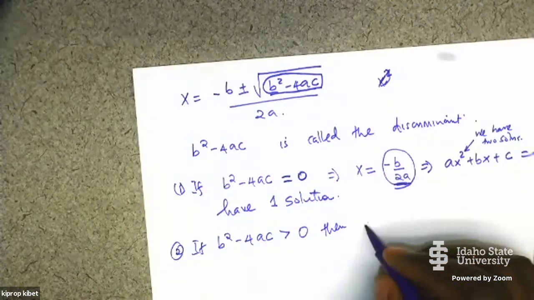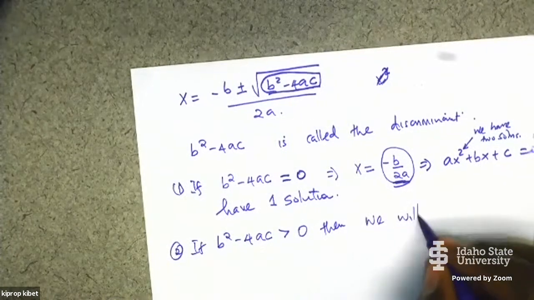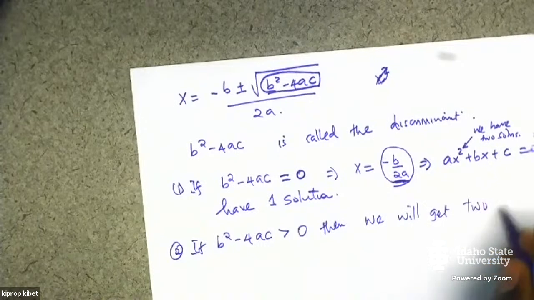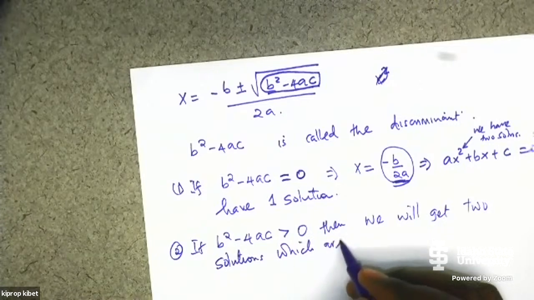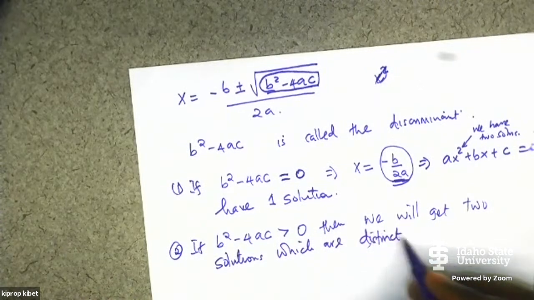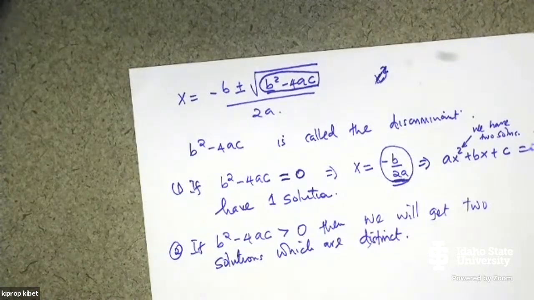So we will get two solutions which are distinct, two different solutions. When the discriminant is 0, we have two solutions of the same kind, but if it is greater than 0, then we have two solutions of different kinds.